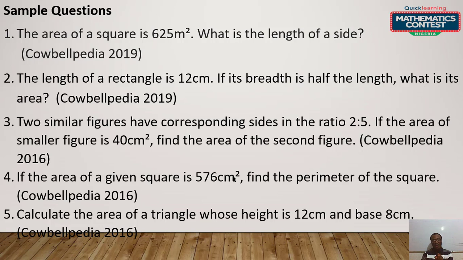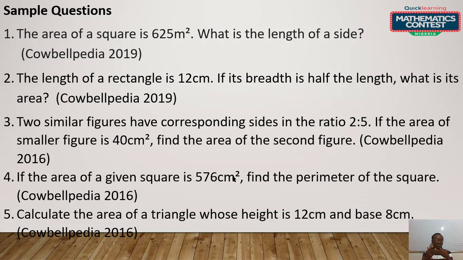For a square, the area is L squared, that is length times length. For a rectangle, the area is length times breadth. Then for a trapezium, the area is half into the bracket, the sum of the 2 parallel sides, multiplied by its height.